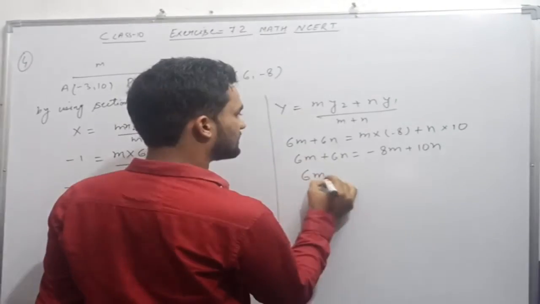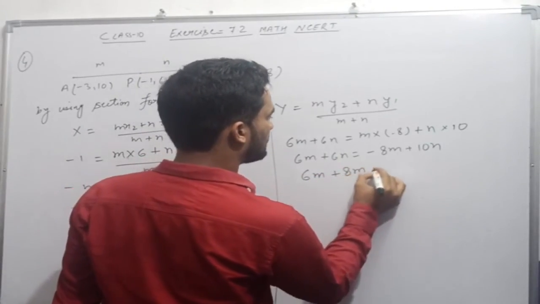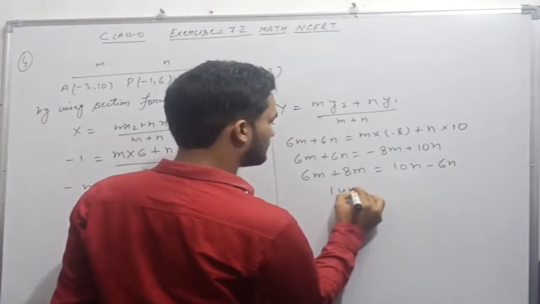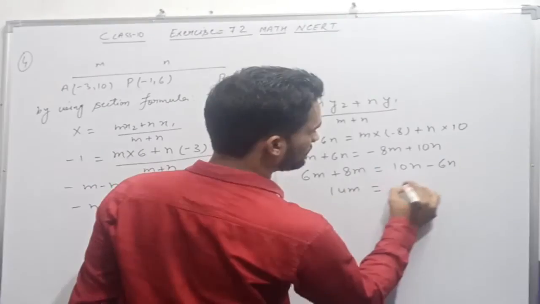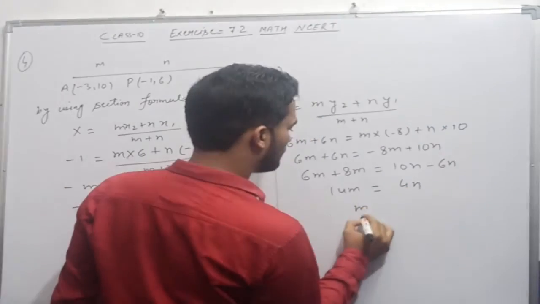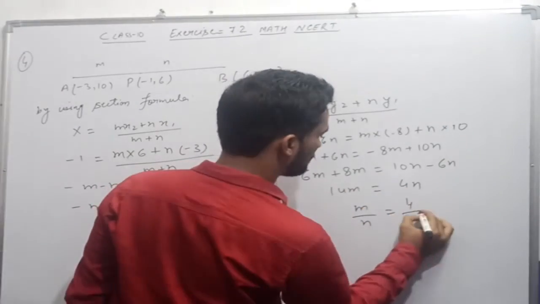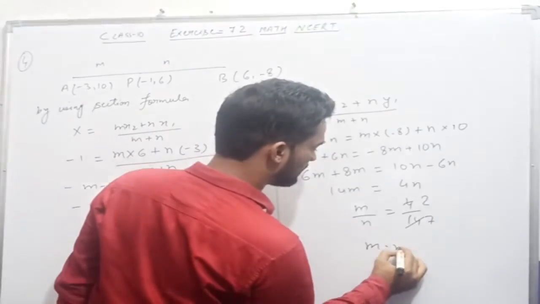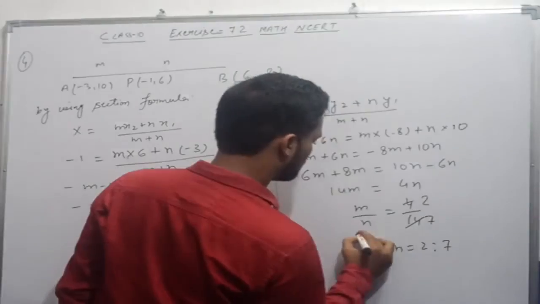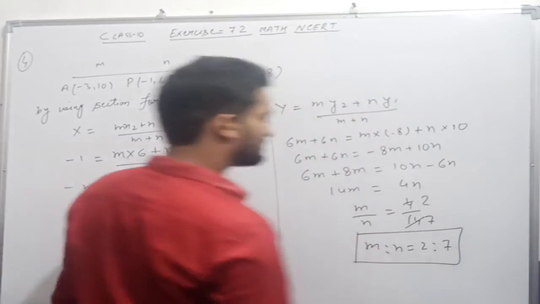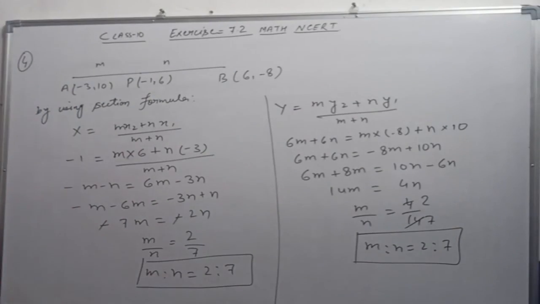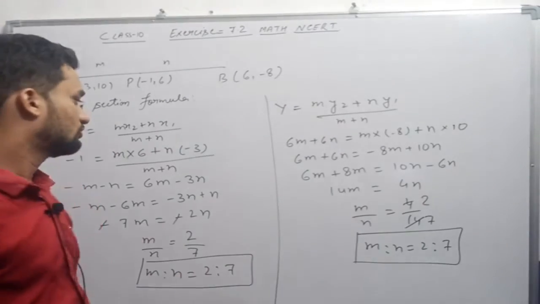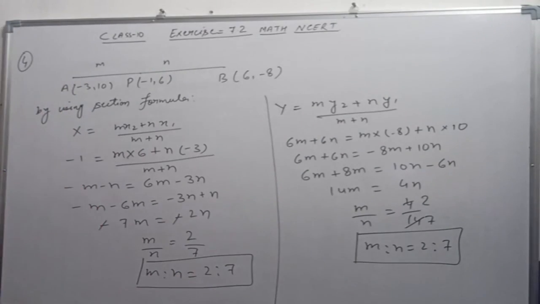Again, 6m plus 8m equals 10n minus 6n. So this will be 14m equal to 4n. So m upon n is 4 upon 14, which is 2 upon 7. So m ratio n is equal to 2 ratio 7. So this comes out the same. In the exam you only need to solve by taking one value. Thank you.